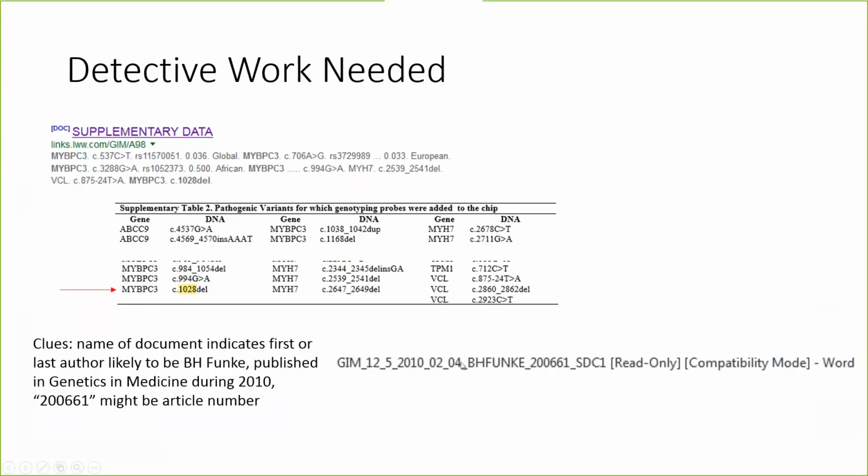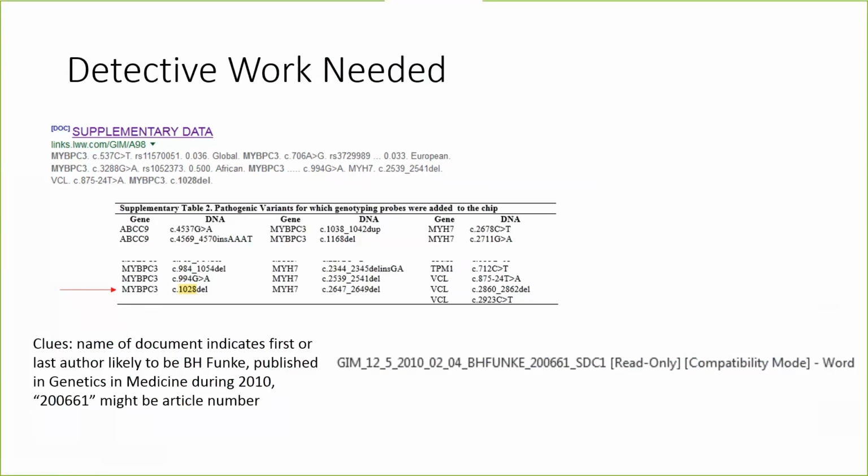This looks like a name over here, so maybe Funke is the last name of somebody who publishes. It could be the first author, it could be the last author, who knows. And then this number that follows, maybe 2006, is also a publication year, who knows. Maybe it's also some type of article number used by the journal.